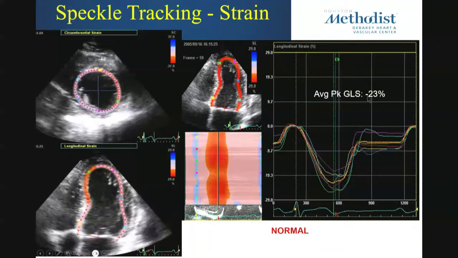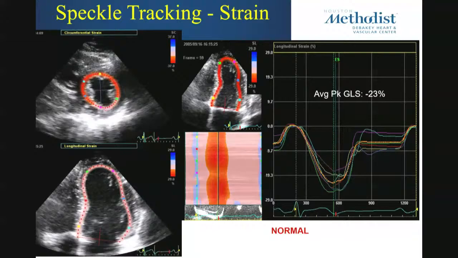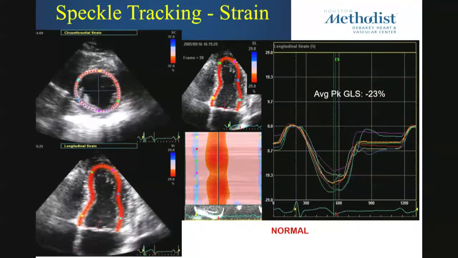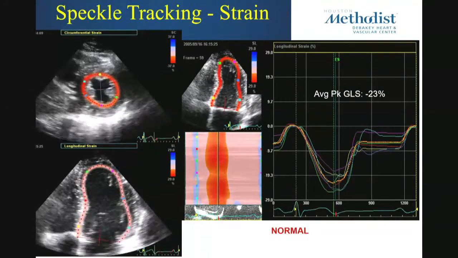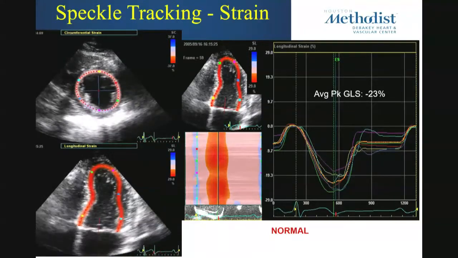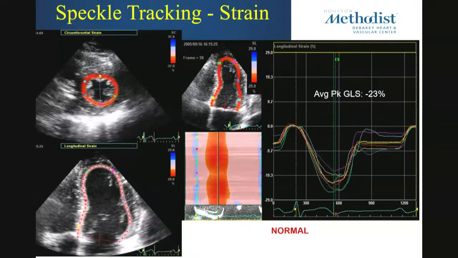Now, strain is a vector. And actually, it could be moving even away from the screen. So in theory, a 3D GLS would be even more accurate. And in fact, there are some machines nowadays capable of doing that, but it's still not something that is available in every machine and that we're using daily.